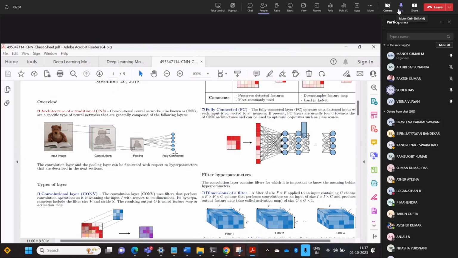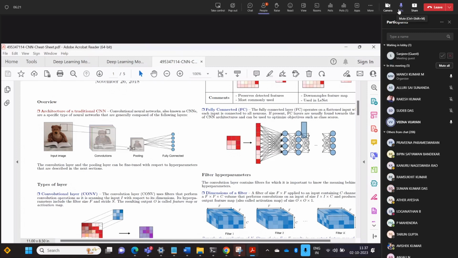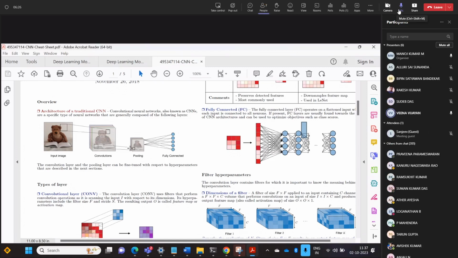Convolution generally will identify the different features, right? And pooling, max pooling or mean pooling, is reducing the size of the feature. So convolution will do the first level of reduction, then pooling will find the max or average or whatever logic we are using.